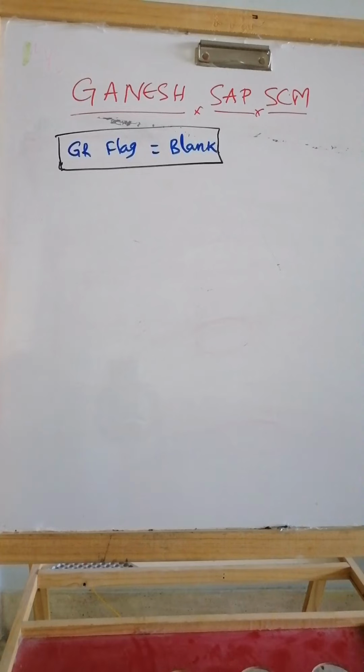Without keeping this blank, if you skip GR, then the GR/IR clearing account will be hanging when you run MR11 transaction or when the finance is running the balance sheet, right? The GR/IR clearing account will have a balance because you have not done the GR, so that it is not getting nullified.